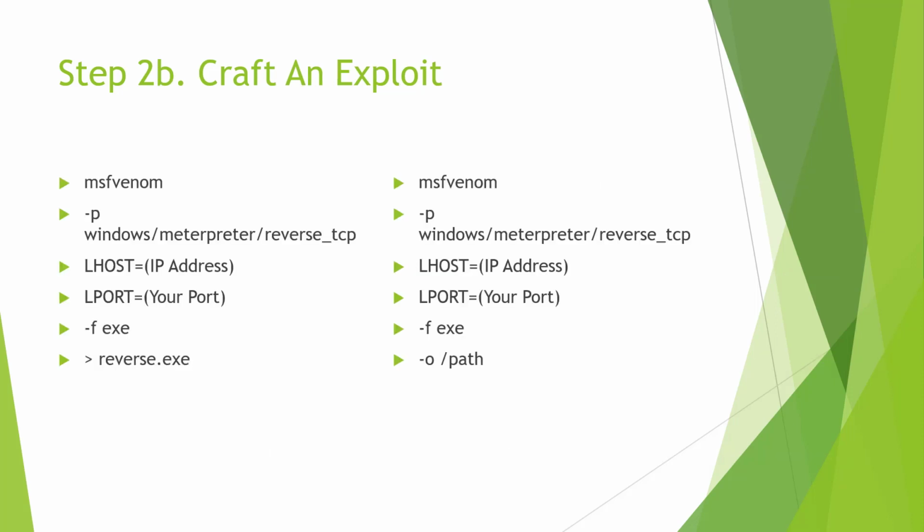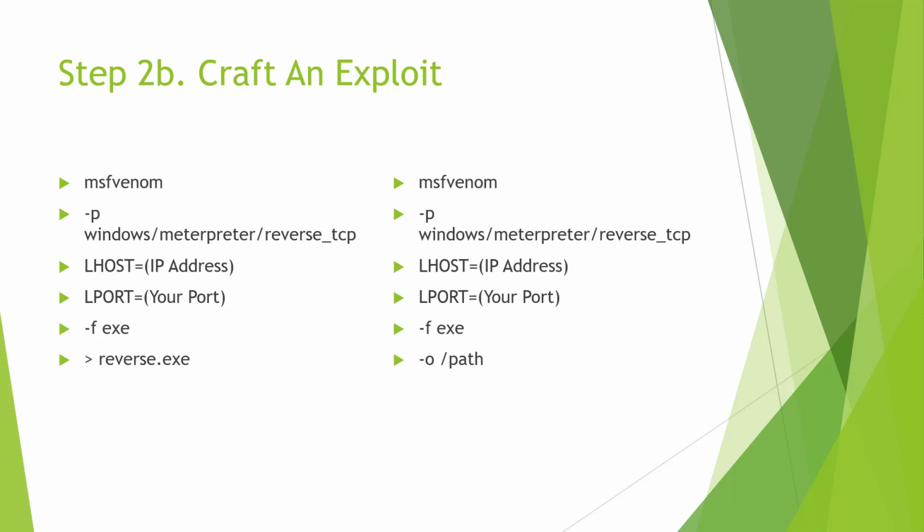So again, our breakdown will be MSF Venom. We have to give it a payload, so tac p space the payload. We have to give it our L host and our L port. That is the port and IP address of Kali. We want a listening IP, Kali.